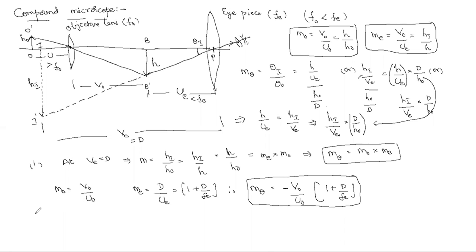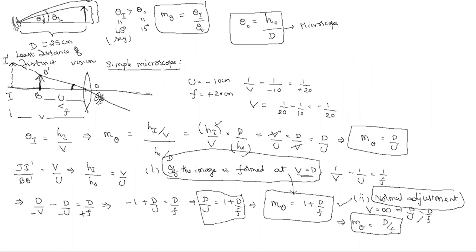Last but not least, quickly I'm finishing. The second one, normal adjustment. Normal adjustment means in that case, M theta, v_e is equal to infinity, and 1 by infinity is zero. Minus v naught by u naught into, in the normal adjustment, D by u is how much?